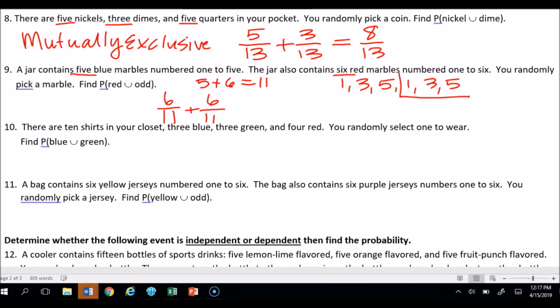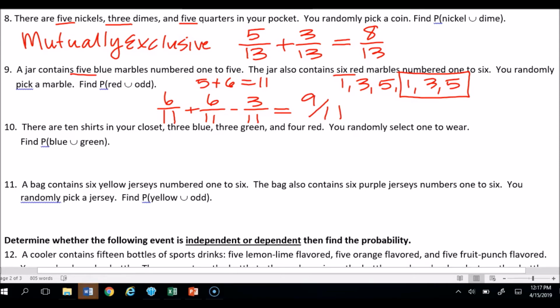Now these are our red marbles that are odd. Now how many of those were there? There were 3. So we're going to subtract those 3 over 11 because that's where the two sets overlap. So we're going to do 6 plus 6, which is 12, minus 3, which is 9. So our answer is 9 over 11.